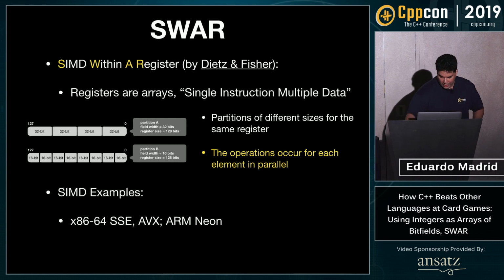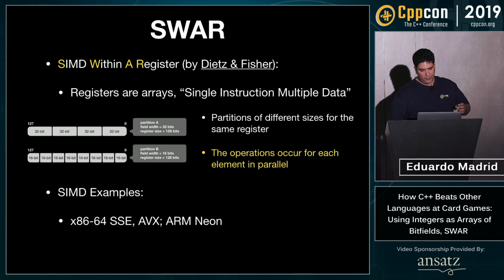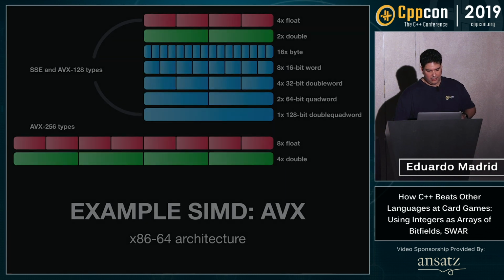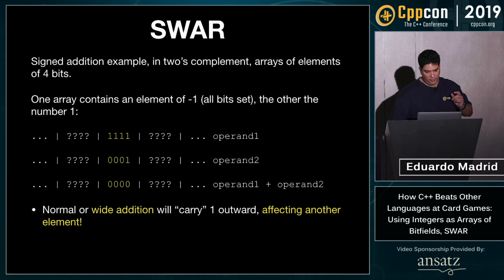I'm going to repeat the question. The question is whether I talked about the x86 architecture, and yes, I did, and whether the same things are applicable to the ARM architecture. And the real answer is that who knows, because the performance profiles of any of these operations changes not only between architectures, but between processor models.